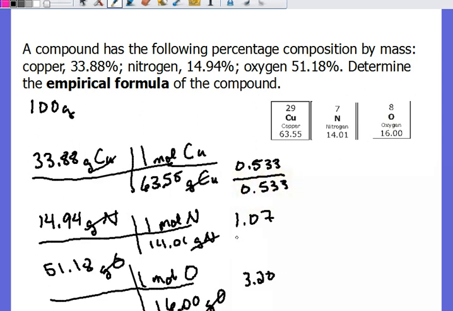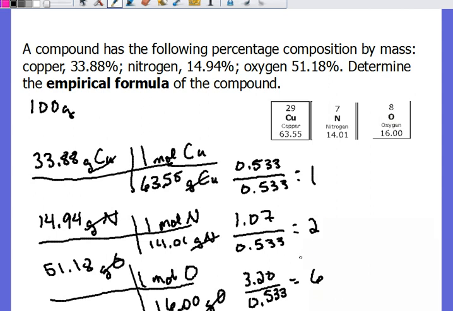0.533, 0.533, and 0.533. So this particular part here is going to come out to be 1, this is going to come out to be 2, and this is going to come out to be 6, roughly.